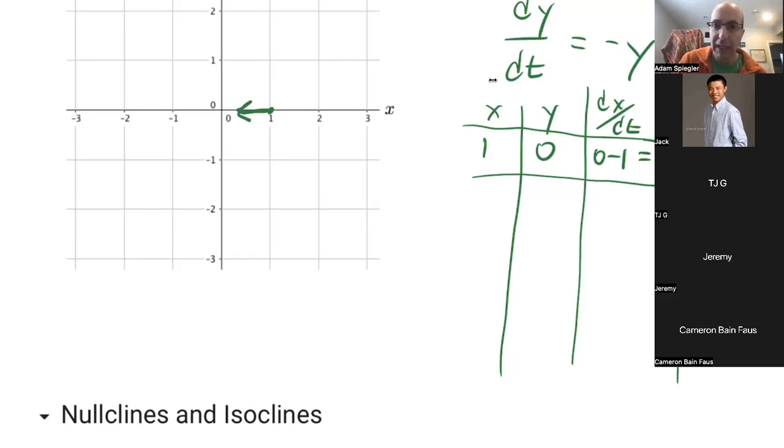Okay, so what I'd like to do is have you fill in a few more vectors. I'm going to give you a couple of minutes. You don't need to fill all of these out, but I might suggest picking a couple of different values. Hopefully we're going to pick up on some patterns as we're plotting these vectors, and we'll talk about what those patterns are.